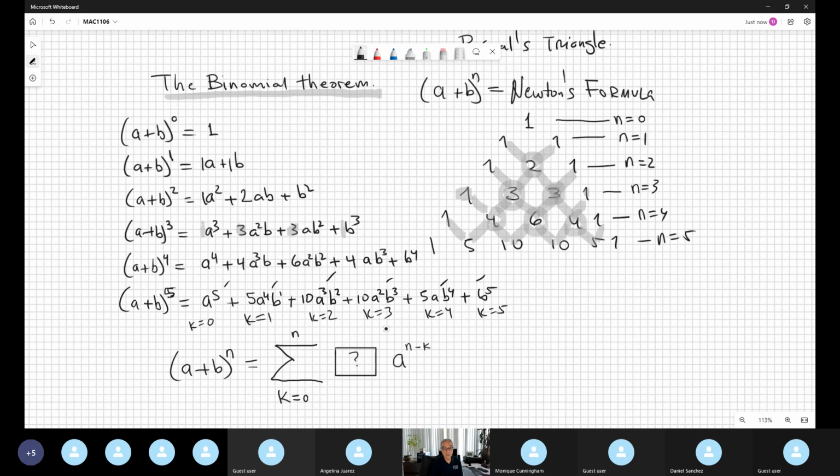So k is the index variable of this summation, which starts in 0 and ends in 5, because n is 5. So this represents the combination of the multiplication of A and B with the corresponding exponents. The exponent of the first, which is A, is decreasing, but the exponent of B is increasing. Okay? So the challenge is, is there a formula for this?